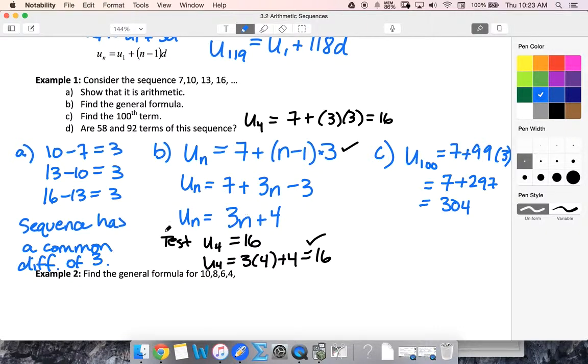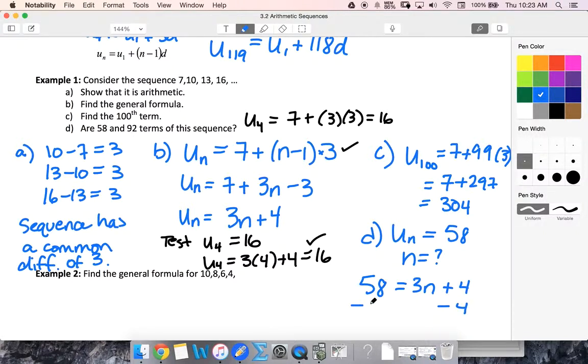So actually, I'm going to use this formula this time. So I'm going to say that my nth term is 58, but I don't know what the n is. If it's an integer, then there is a 58th term. So using this formula, 58 would have to equal 3n plus 4, subtract 4 from both sides. 54 has to equal 3n.